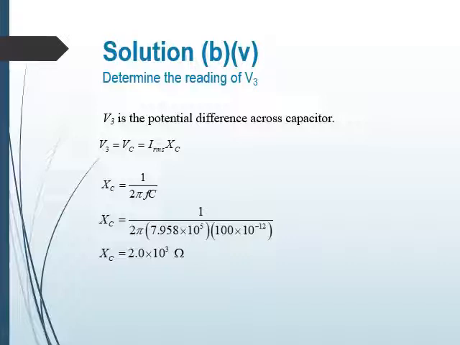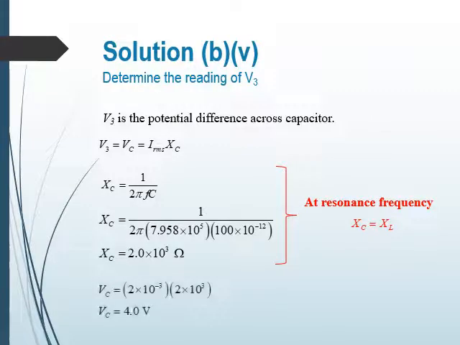Now, there's a shortcut for you to determine the value of XC in this question. Because at resonant frequency, XC is just equal to XL. So we have XL from the previous question. Therefore, you can straight away apply XC equals 2 times 10 to the power of 3 ohm in this question. So now let's calculate VC. VC is also equal to 4 volt. Therefore, the reading of V3 is 4 volt.